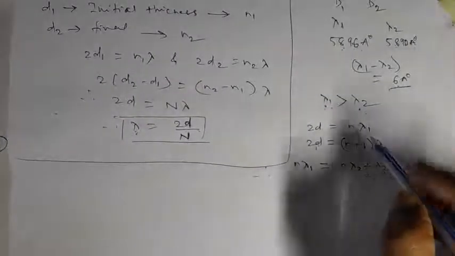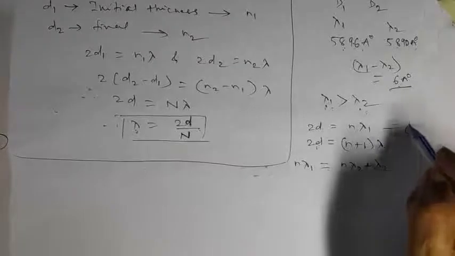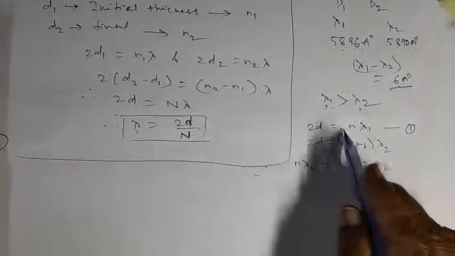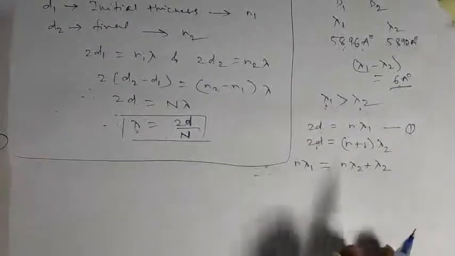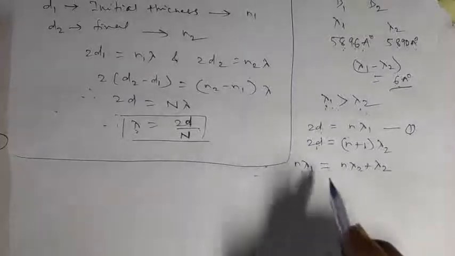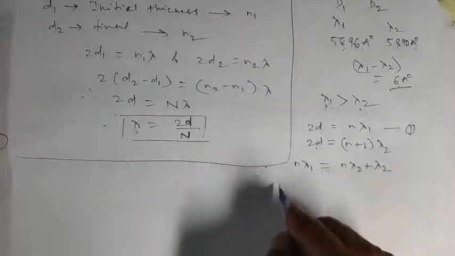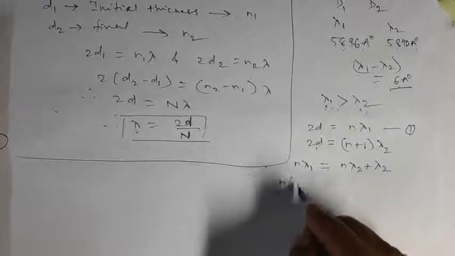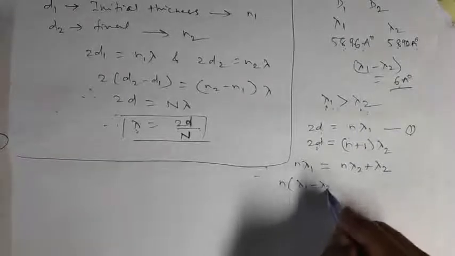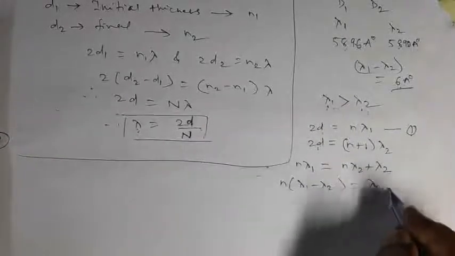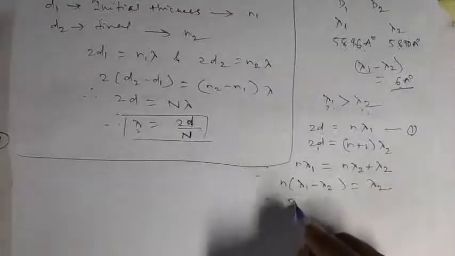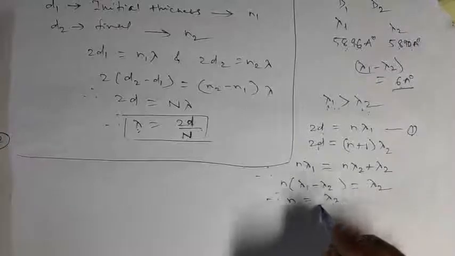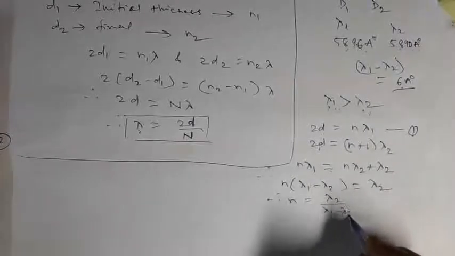Suppose I mark this equation, 2d = n lambda 1, as equation 1, because we have to use it later on. Here we can simplify: n common, n(lambda 1 - lambda 2) = lambda 2, and therefore small n = lambda 2 / (lambda 1 - lambda 2).